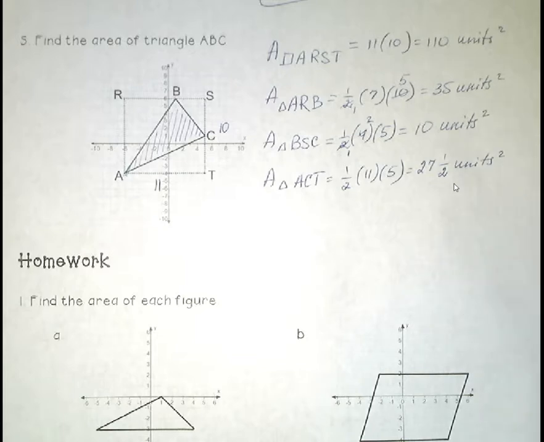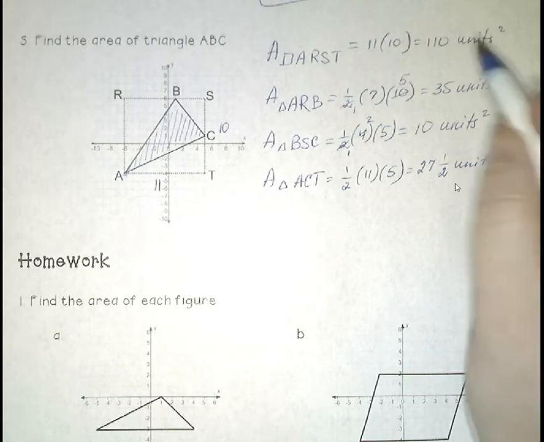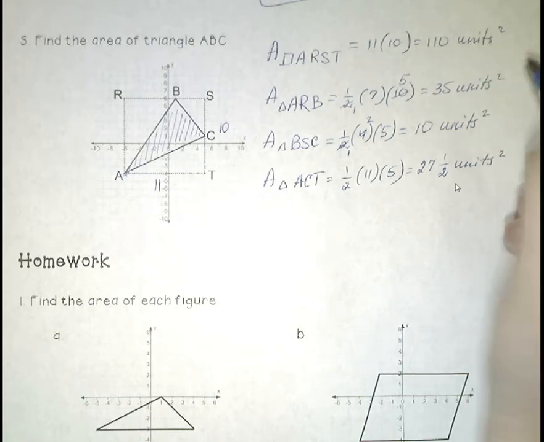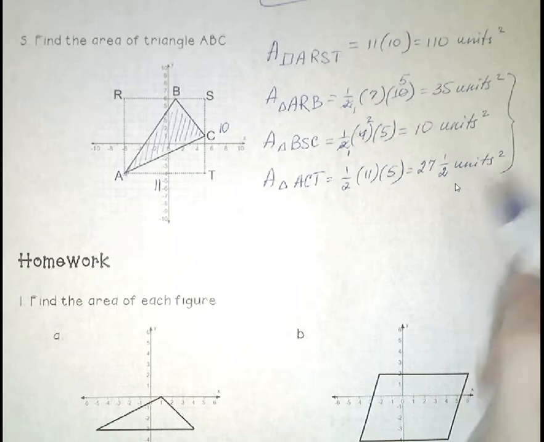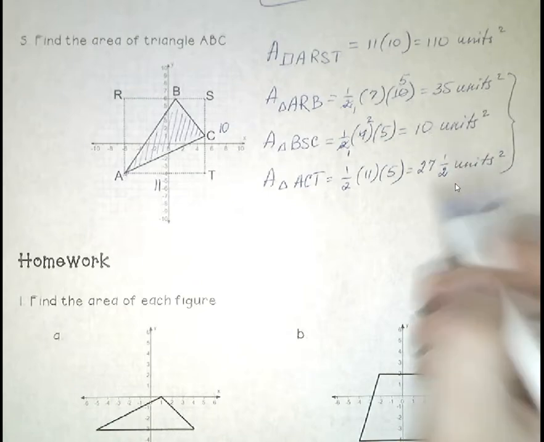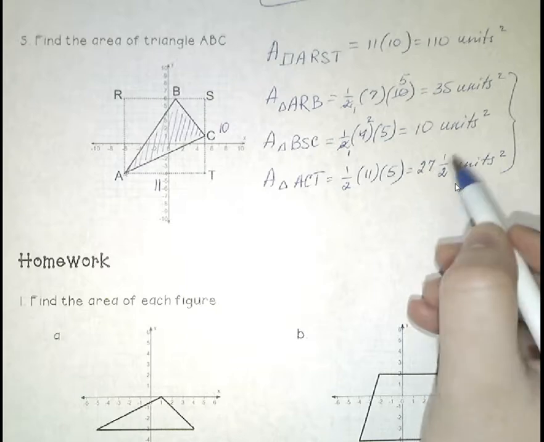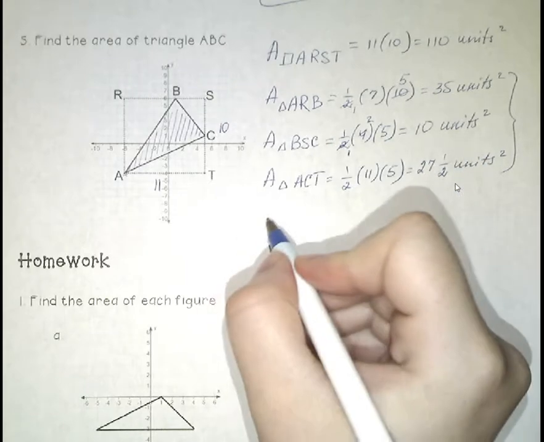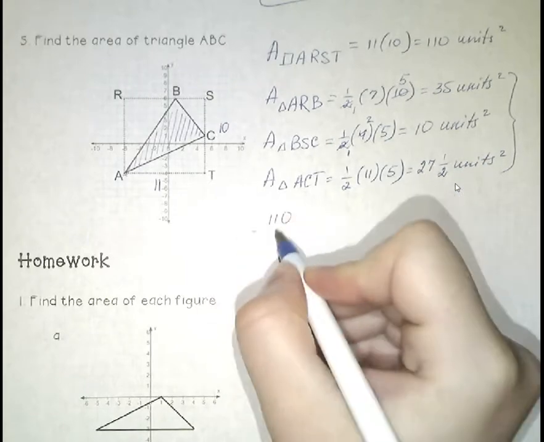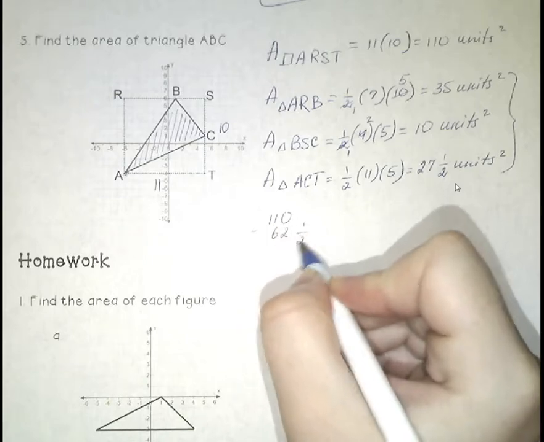Okay, so now what we want to do is to add these all together and then subtract from 110. All right, so here we'll have 45 plus 27, 62 and 1/2. So 110 minus 62 and 1/2.